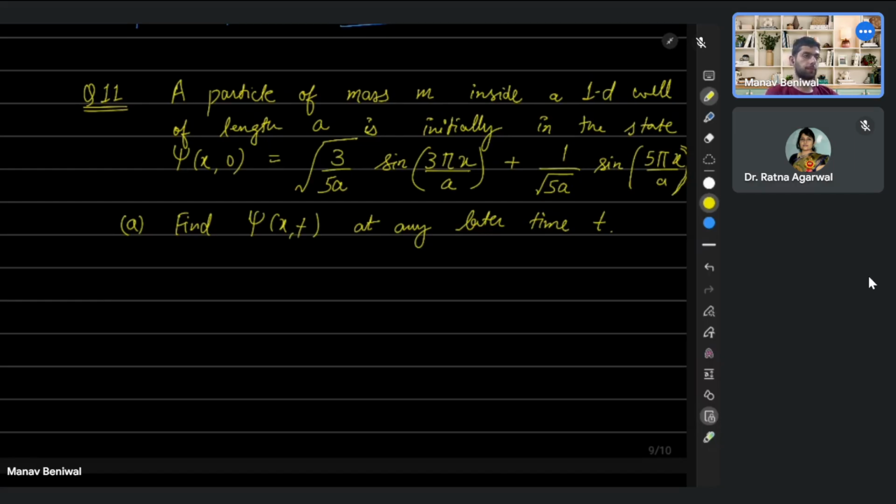Now one thing, we can actually rewrite this thing. Okay, so we know that for a 1D potential well, for a 1D well, let me denote the wave function by phi, because the problem is already using psi.